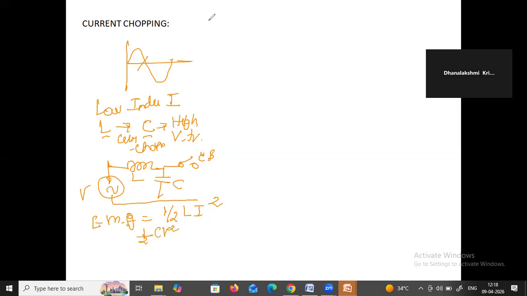Then half L I squared is equal to half C V squared. So finally we get V is equal to I into root of L by C.